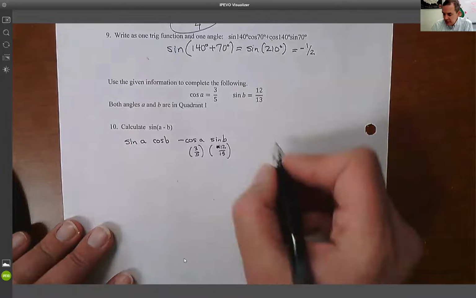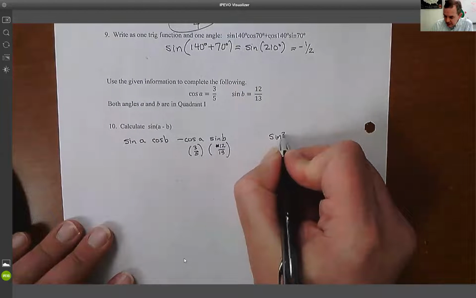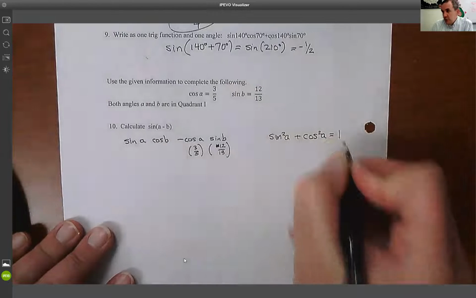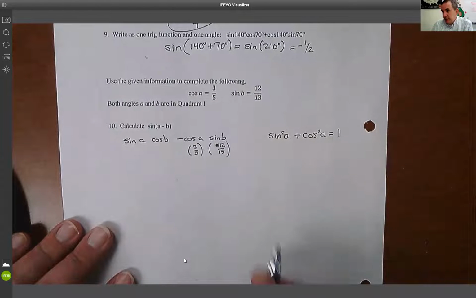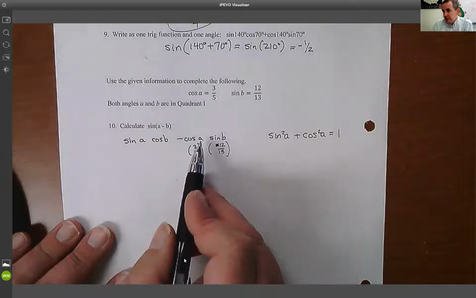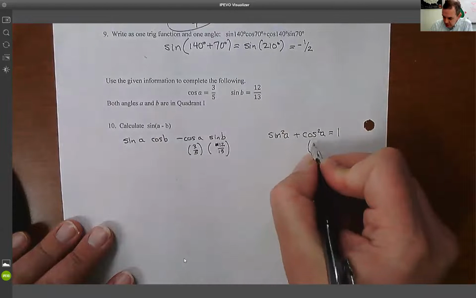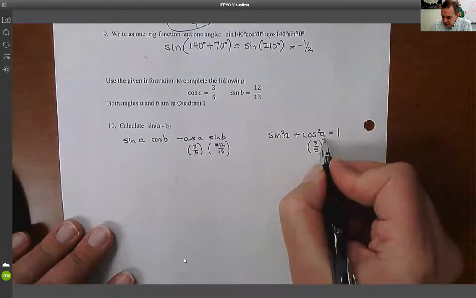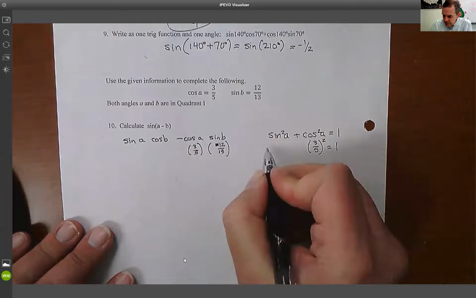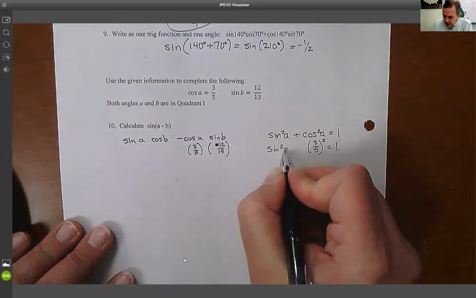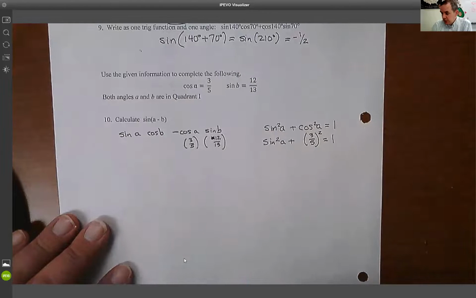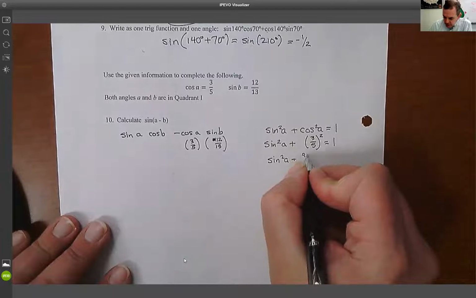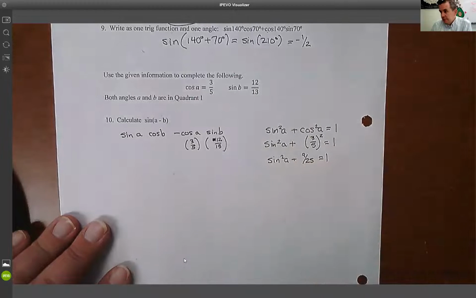So here's how we do this. We're going to use the following trig identity. Sine squared a plus cosine squared a equals 1. That's one of our trig identities. We know cosine a, so I'm going to plug in 3/5 for cosine a. So sine squared a plus 3/5 squared equals 1. That tells me that sine squared a plus 9/25 equals 1.